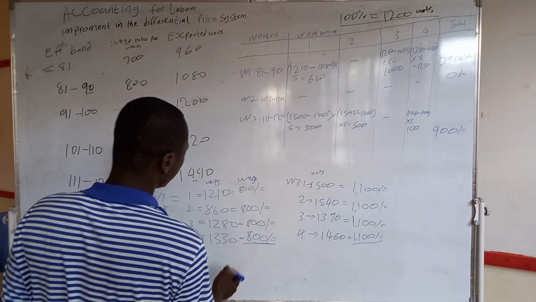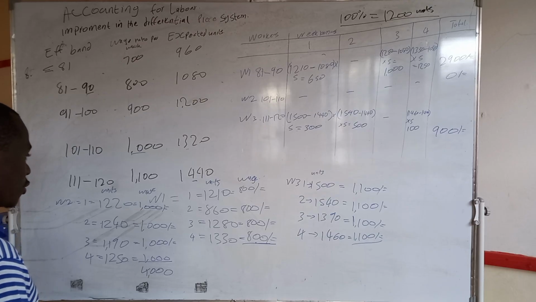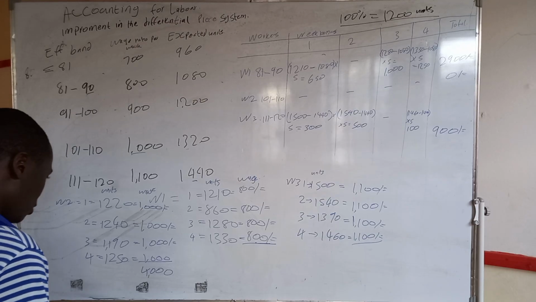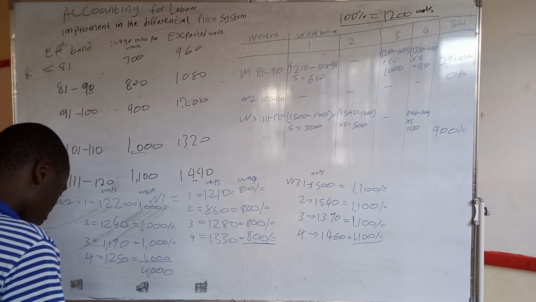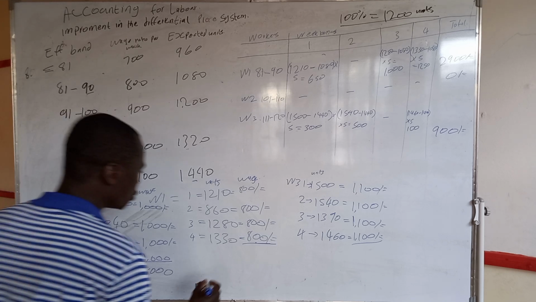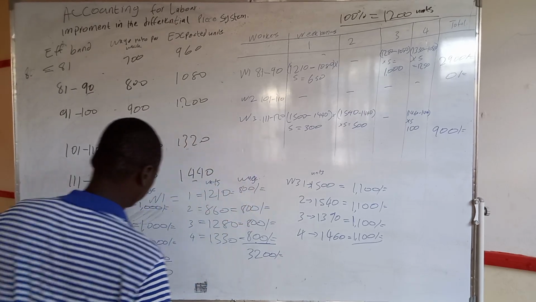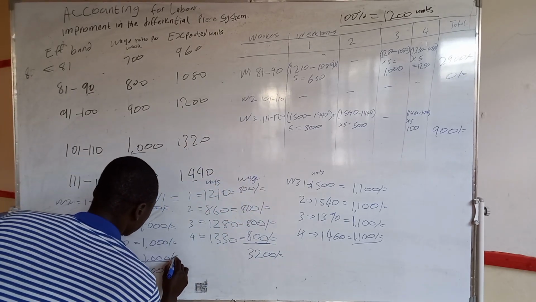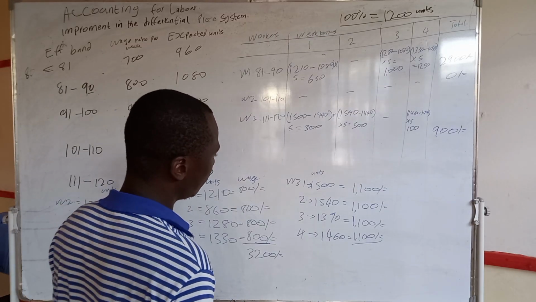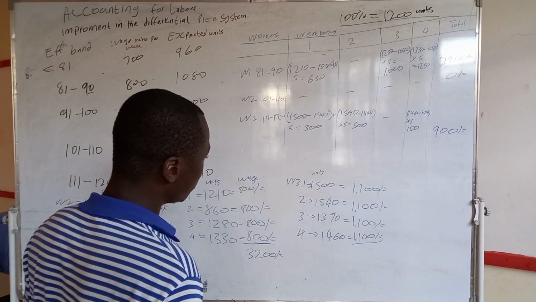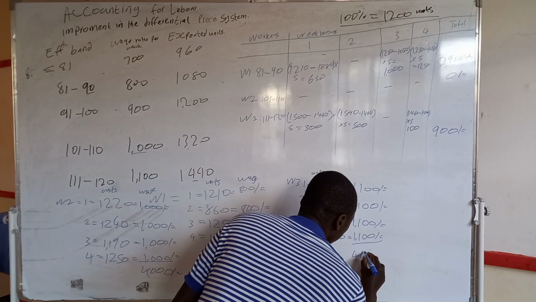This is 800 times 4. 8 times 4 is 32, so that is 3,200. Here it is 1,100 times 4. That is 4,400.